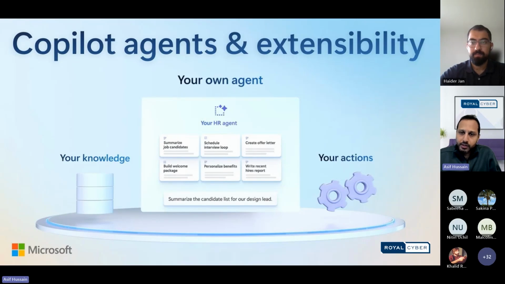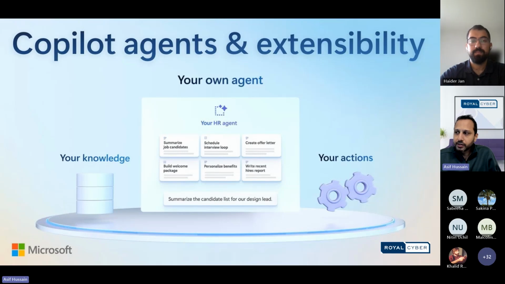You can get policies around leaves or bonuses. You can ask questions about that with this HR agent. Plus, it can interact with the information particular to you, like how many casual leaves do I still have for this year. So it can interact with the back office HR system and get this information for you.